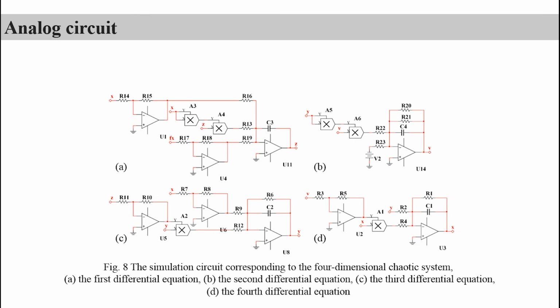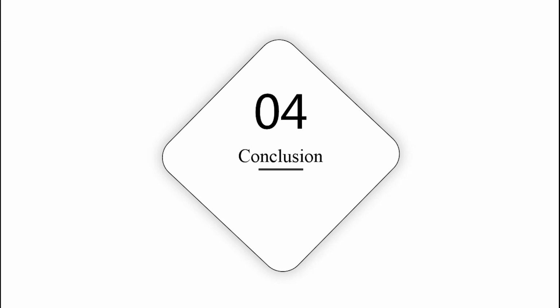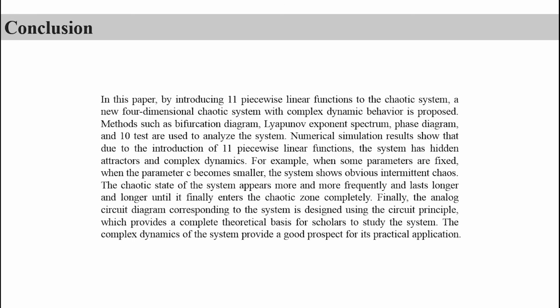Methods such as the bifurcation diagram, the Lyapunov spectrum, phase diagram, and 0-1 test are used to analyze the system. Numerical simulation results show that due to the introduction of 11 piecewise linear functions, the system has hidden attractors and complex dynamics.